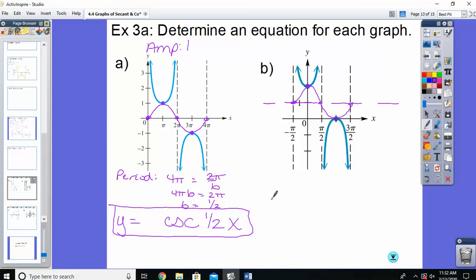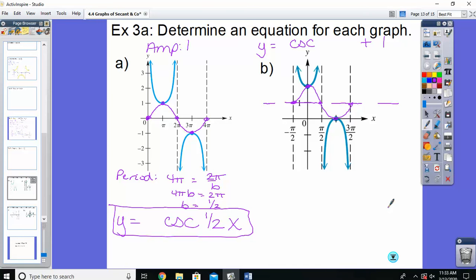Sine. So that means this is the graph of cosecant. And it did move up 1, so you need a +1 either at the beginning or end. Amplitude. How far above and below that point do we go? 1. Did I flip it? No, so I don't need anything in front of my cosecant.